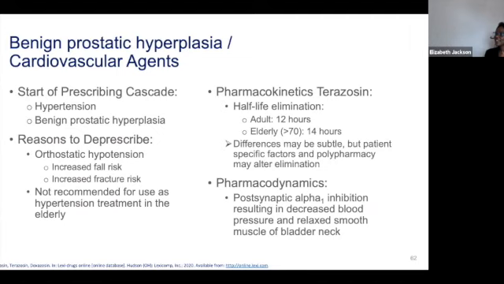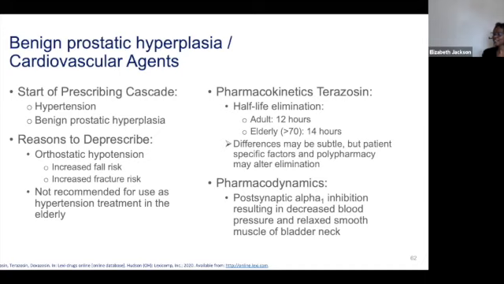This difference is subtle, but patient-specific factors and polypharmacy may alter the elimination. So as we go through these drugs, just keep in mind, usually the patient is not just taking one of these drugs. They have other drugs on board.